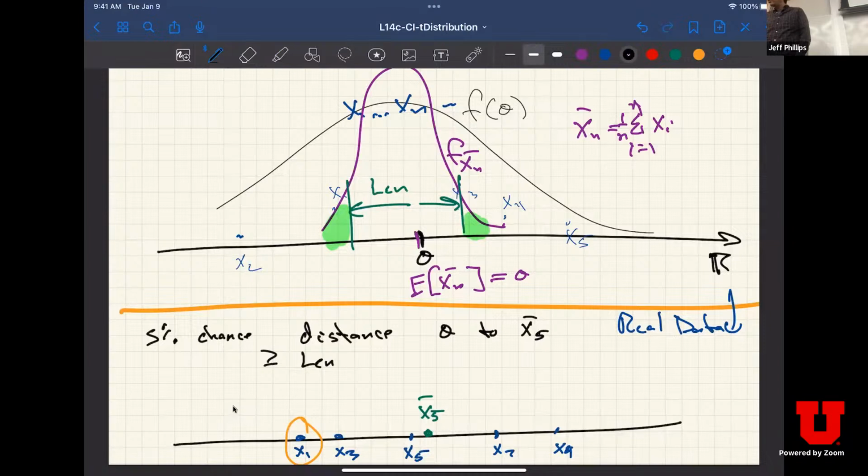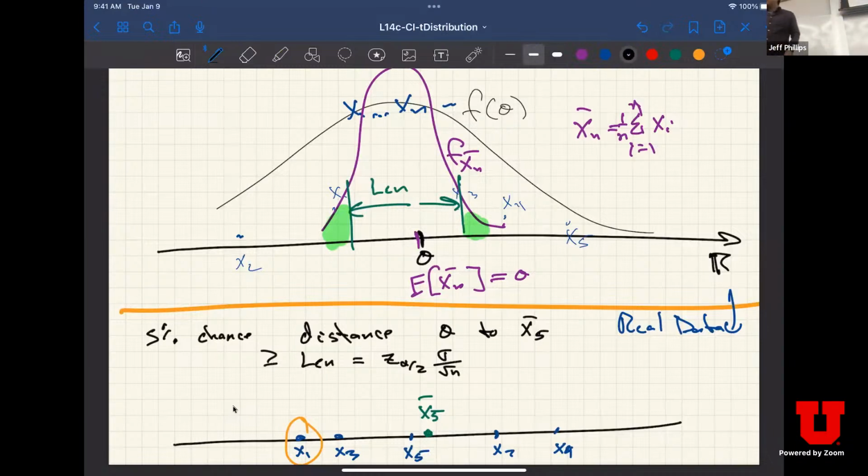This length was equal to something like Z alpha over 2 times sigma over the square root of n. That's one way of getting it. If we knew this was from a normal distribution, then we can set the length equal to this.